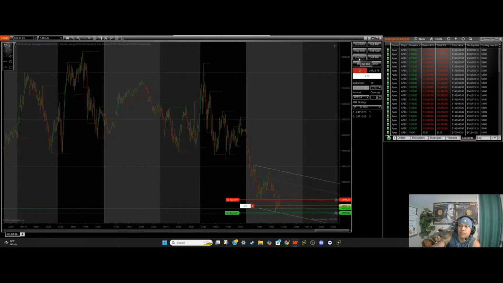Let's see if we can dig ourselves out of this $1,000 hole by scalping, because NQ doesn't want to give us a full range. NQ wanted to short us 60 points from our target and completely reverse on us.